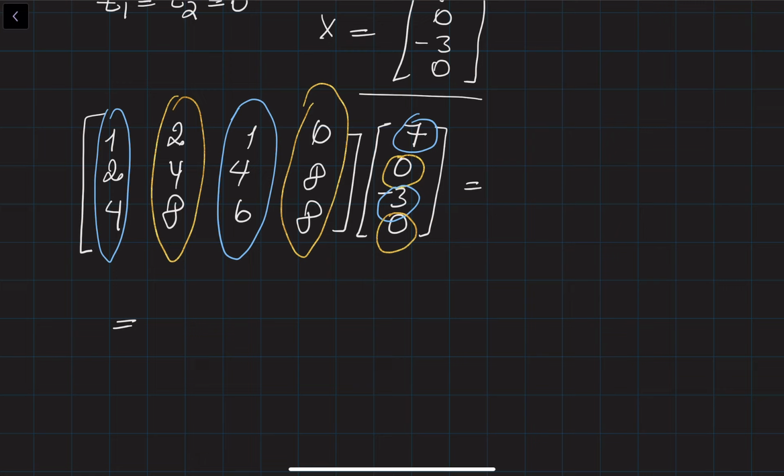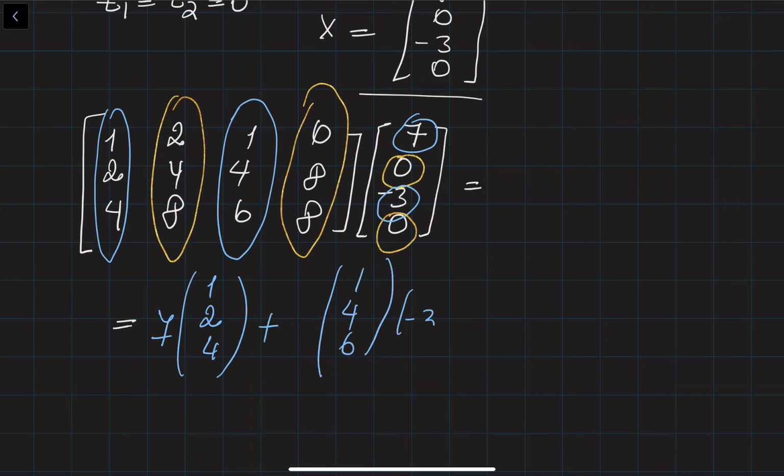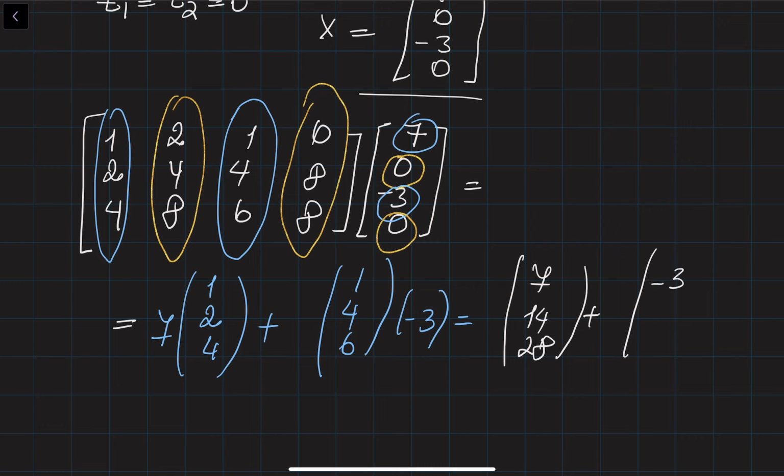So it is just enough to combine 1, 2, 4 with the 7 and add this to the combination of 1, 4, 6 with the minus 3. So let's combine them. It's going to be 7, 14, and 28 plus minus 3, minus 12, and minus 18.